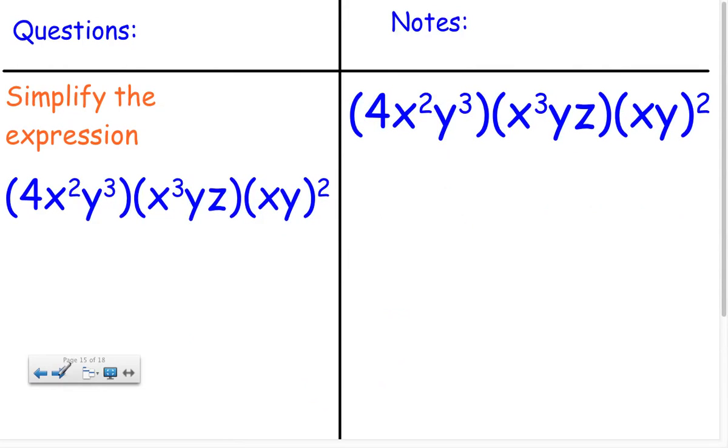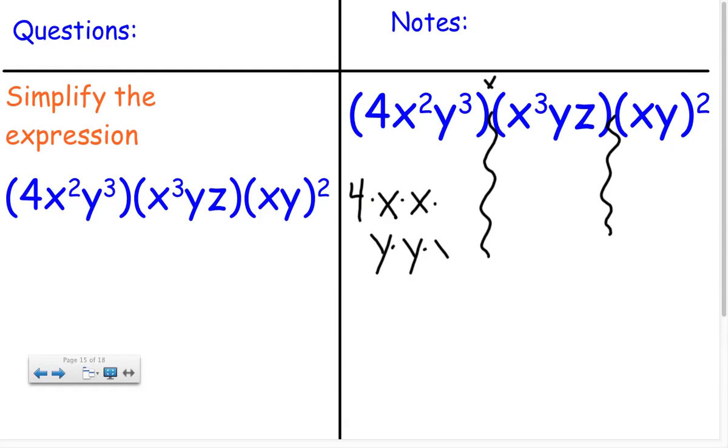All right, getting a little bit bigger problems here. Now I've got 3 parentheses. So right away, put my squiggles in between the parentheses. Let's write out this first one. There's no exponent here, so I'm just going to write it as 4 times x times y times y times y.